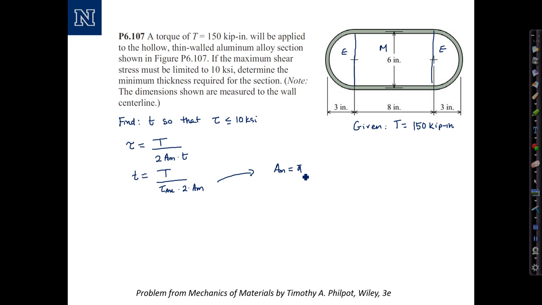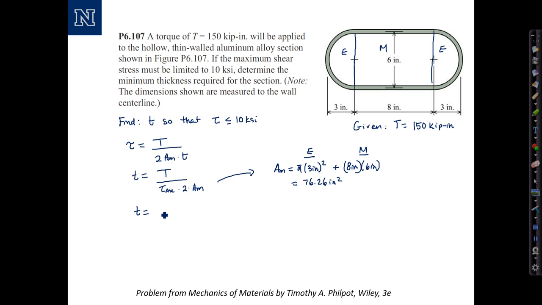So the area of the circular part is pi times 3 inches squared, this is the ends, if you will, plus the area of the middle part, which is the rectangle, 8 inches times 6 inches. Those together compute to 76.26 inches squared.